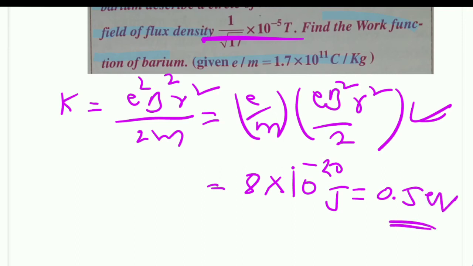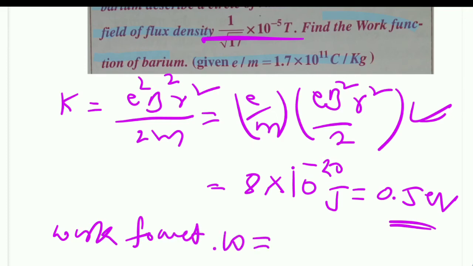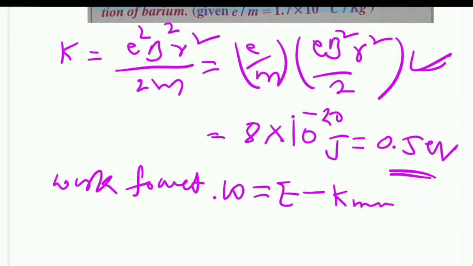So work function W is equal to E minus K maximum.